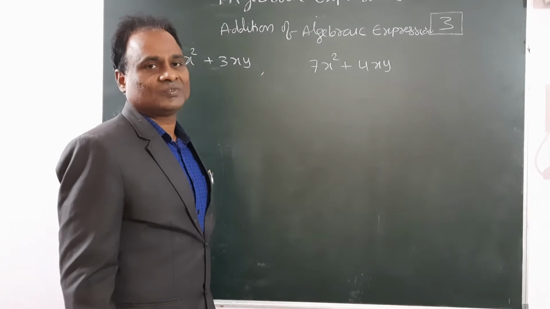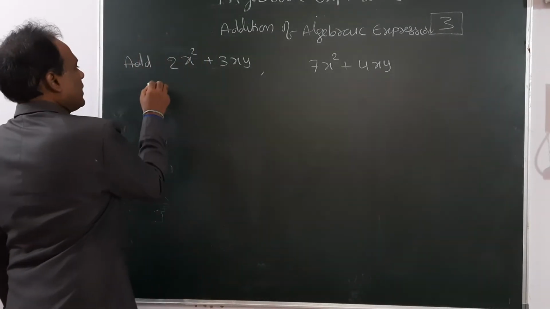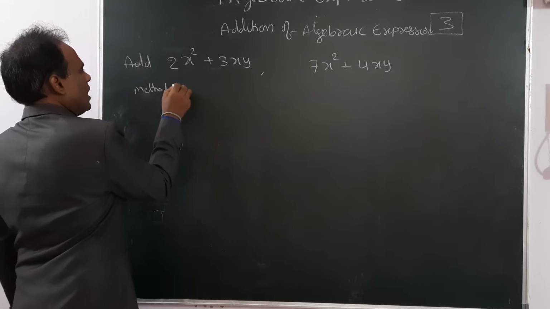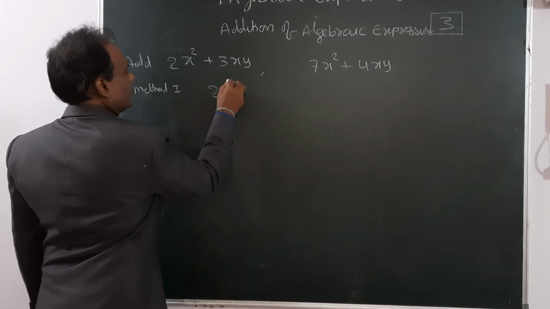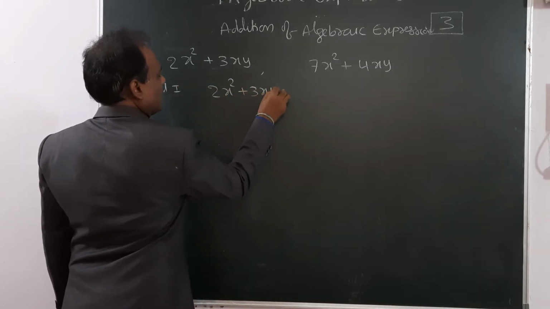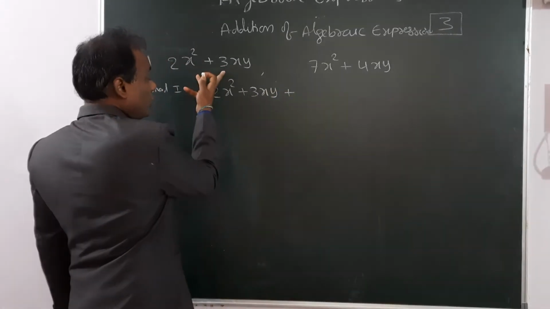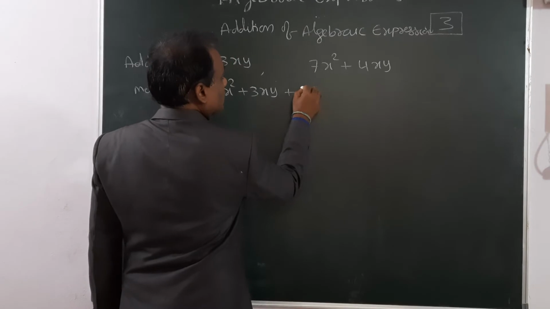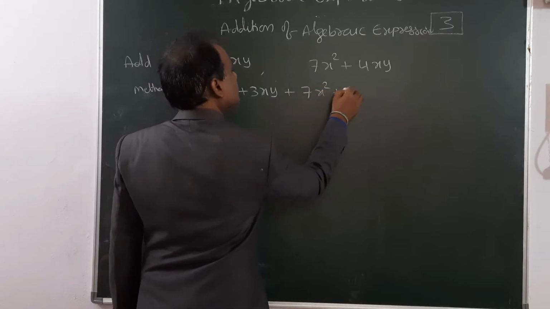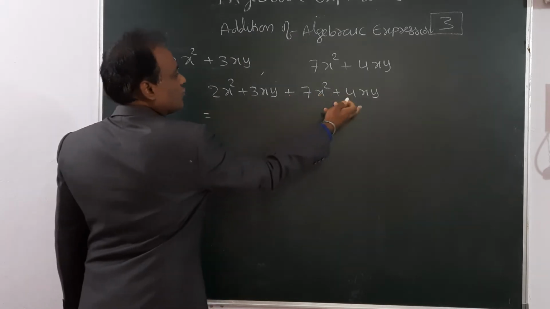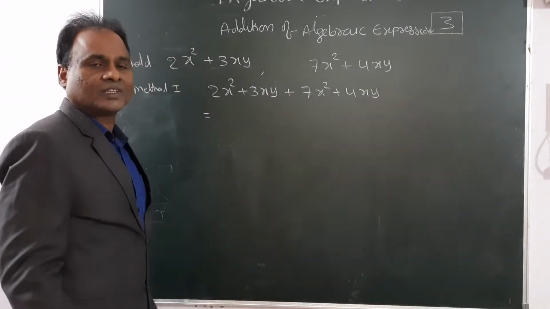I will explain two methods. Method 1. 2x square plus 3xy plus, this should be added with this, addition. How to add these two algebraic expressions?